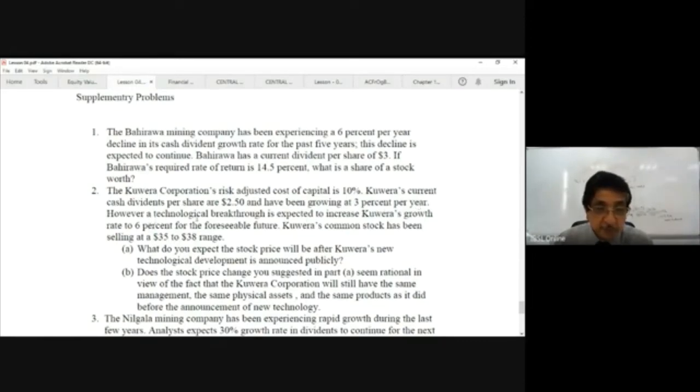However, a technological breakthrough is expected to increase Quaker's growth rate to 6% for the foreseeable future. Now, it seems that since they have some technological breakthroughs, they expect the dividend growth to be increased to 6%, whereas the common stock has been selling at a 35 to 38 range.